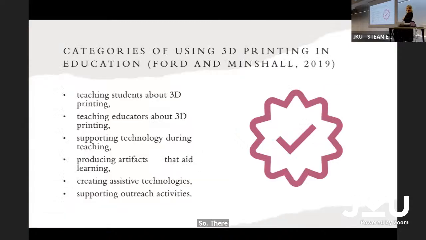There are actually 6 categories of using 3D printing in education according to Ford and Minshall.